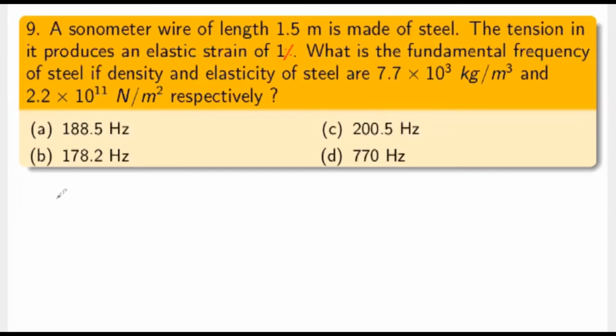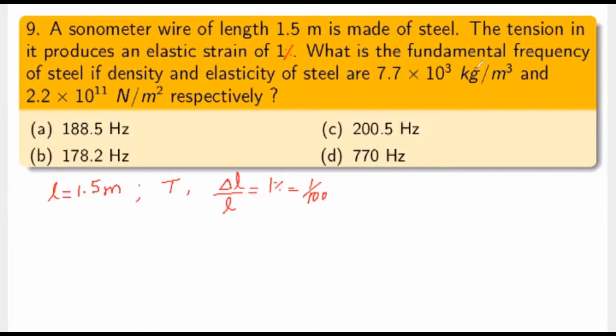So the length of the sonometer wire is 1.5 meters. The tension, let it be T. Due to this tension, there is an elastic strain, so the length increases by 1%. So we can write strain, which is change in length by original length, as 1%, which is 1 over 100.